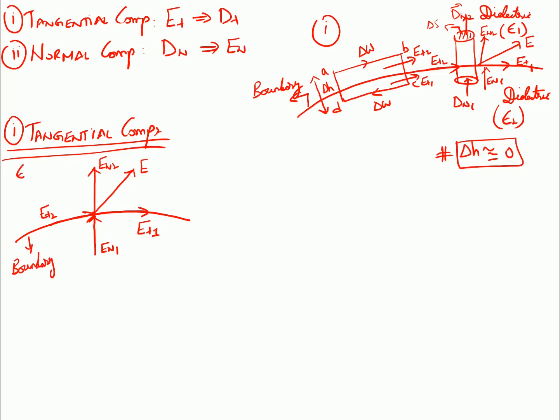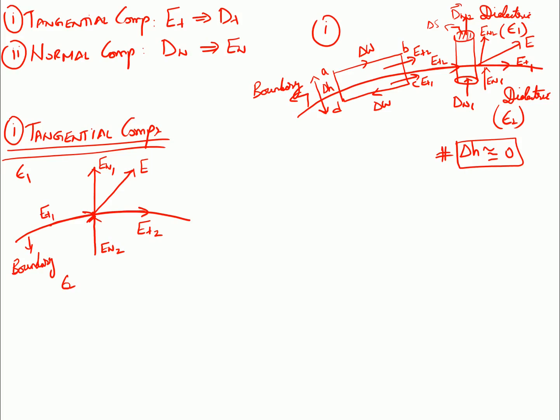This is region 1, this is region 2. This means then this is region 2, this is region 2, this is region 1, and this is region 1. So now we have defined the tangential and normal components. Our focus will be on the tangential component.